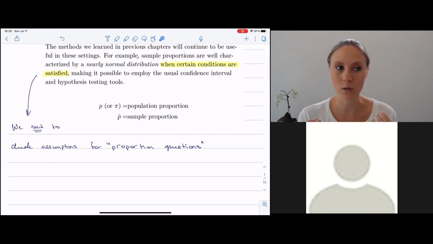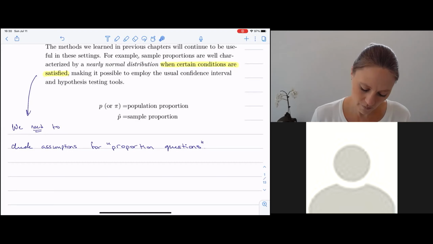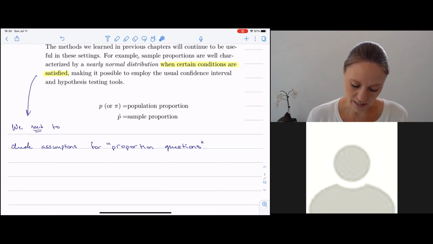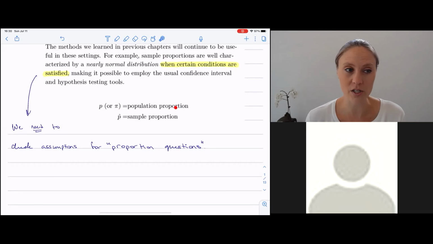They do, and that's really cool and really powerful, but that's why we have to check the assumptions, because it's not obvious anymore.